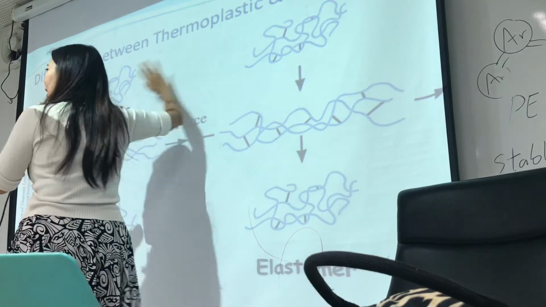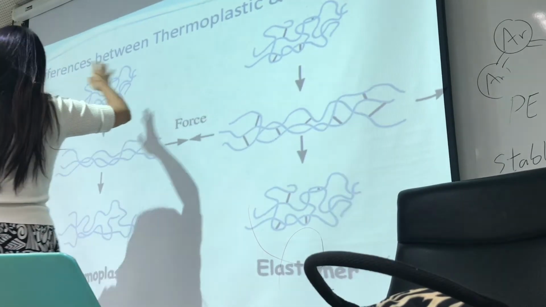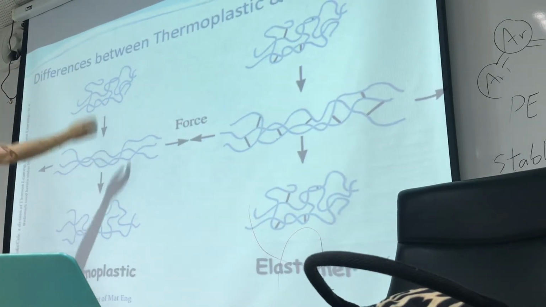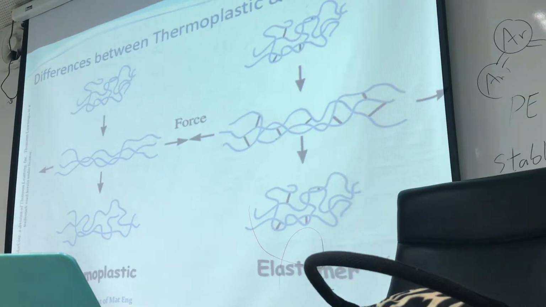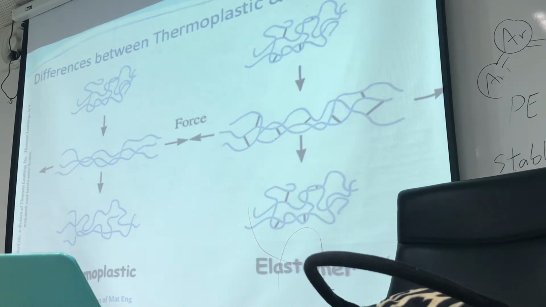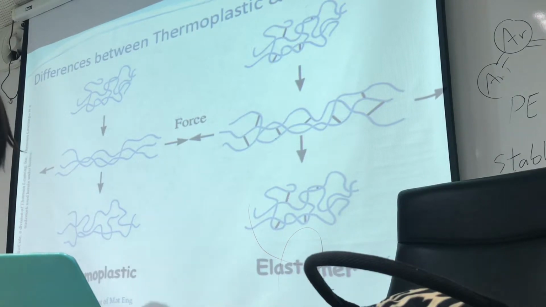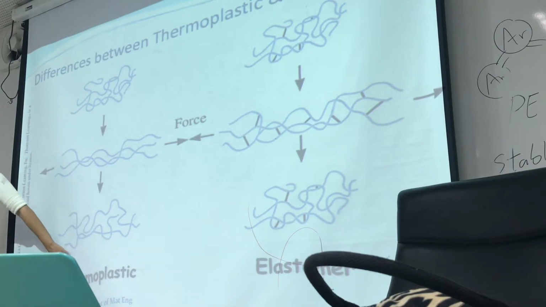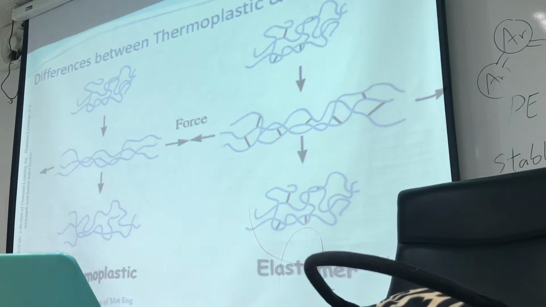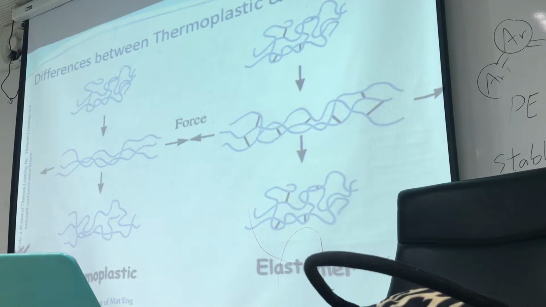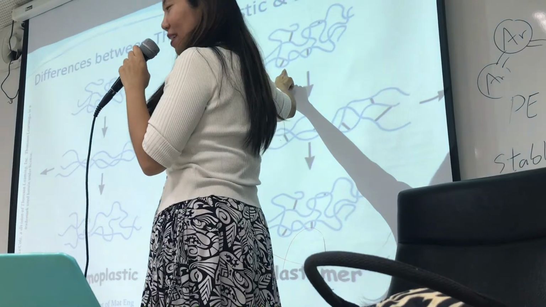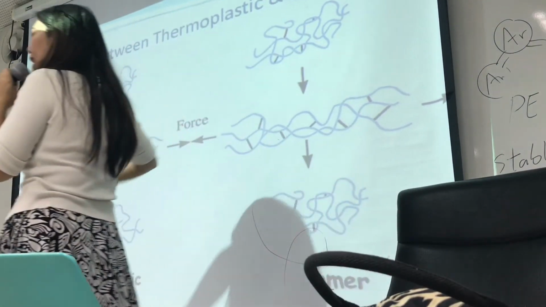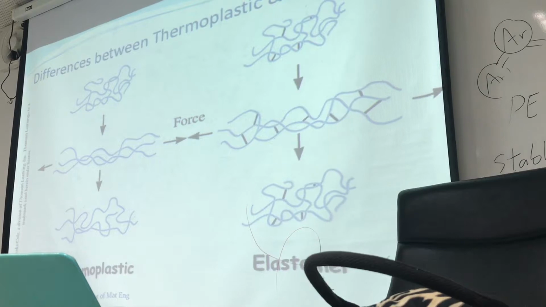Of these two, which one is thermoplastic and which one is elastomer? Which one is thermoplastic, left or right? Why? Because you can see it from the cross-link. If you see this kind of cross-link, you can guess that it is elastomer.